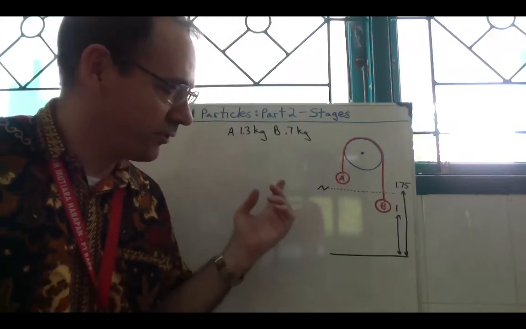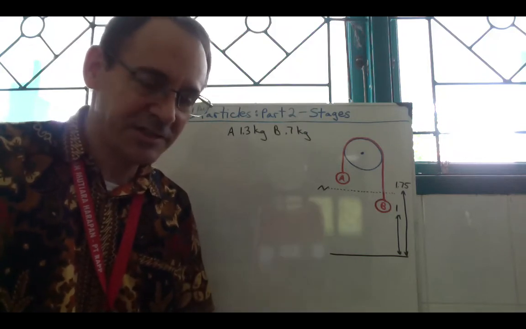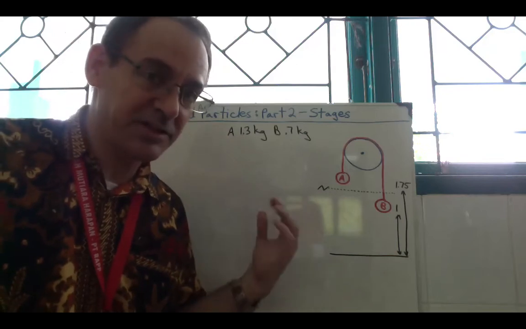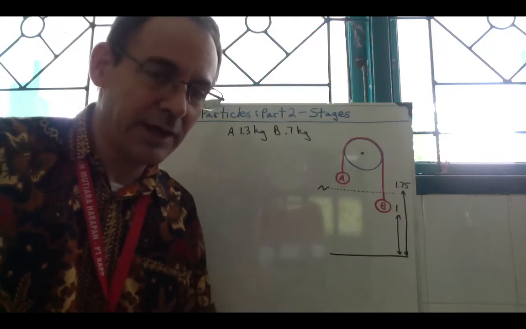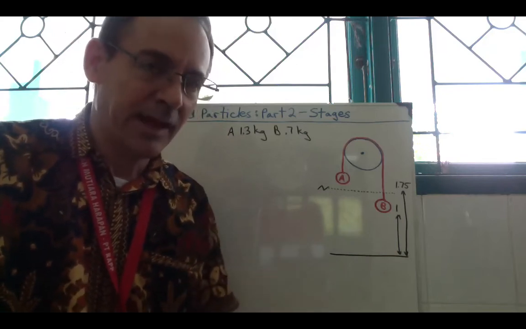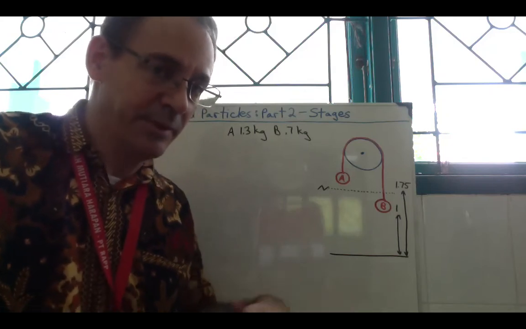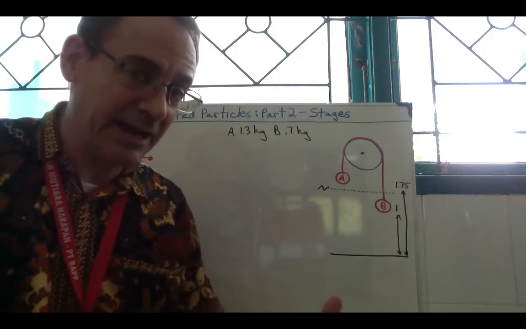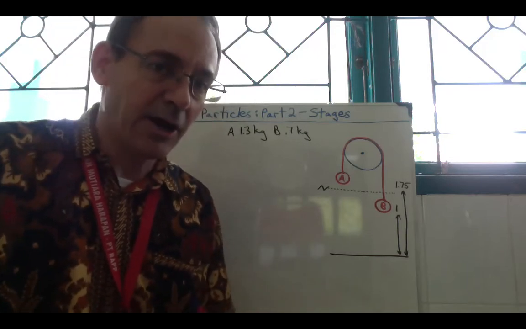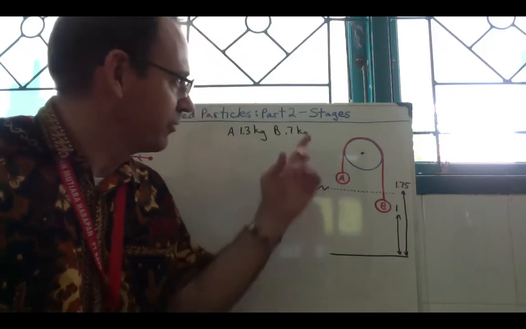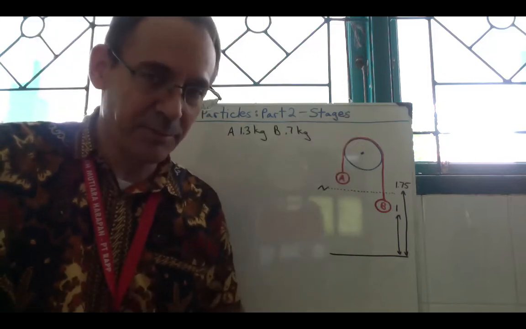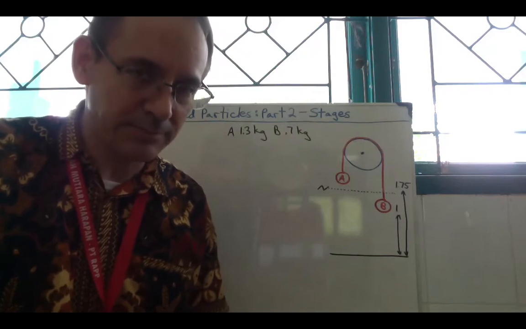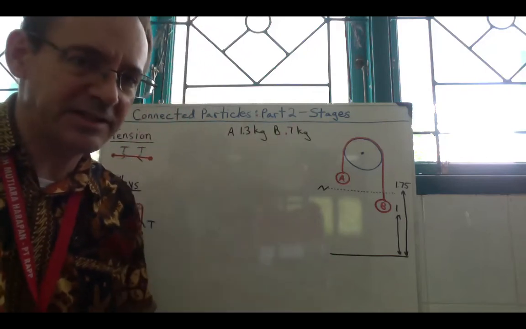For example, in our first question, the string is going to break partway through the motion. What is going on before the string breaking and what proceeds to happen after are 2 completely different stages of the problem. It's almost like having 2 problems wrapped up in one. So this is what we're covering today.